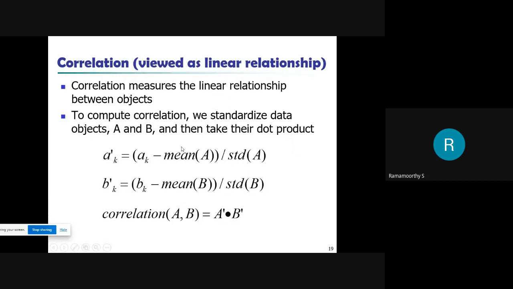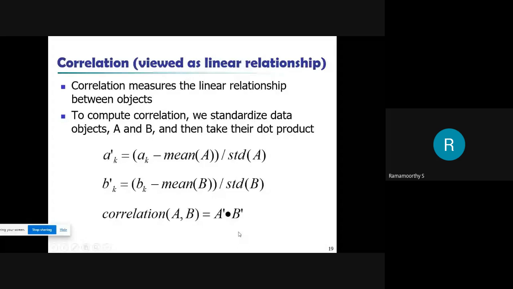First of all, you need to understand how to calculate A dash k. A dash k is equal to A_k minus the mean value of A, divided by the standard deviation of the object A. Similarly for B, B_k minus the mean value of the object B, divided by the standard deviation of the object B. So how do we compute the correlation?